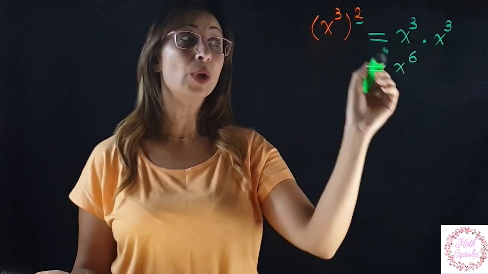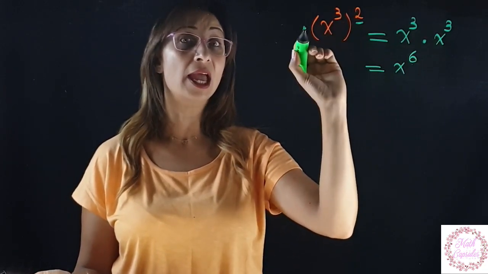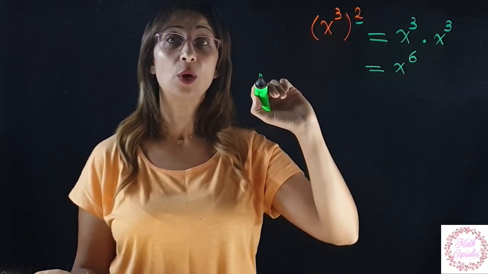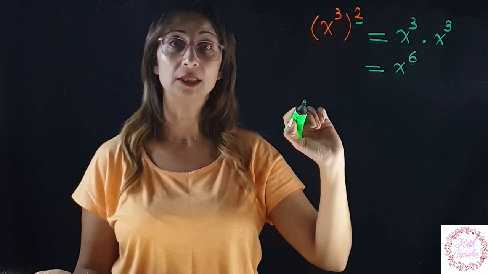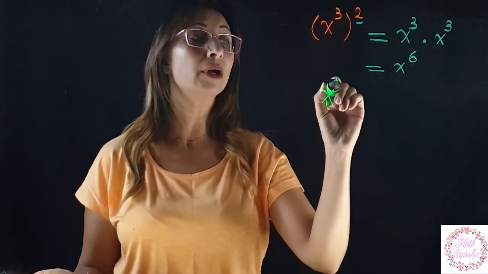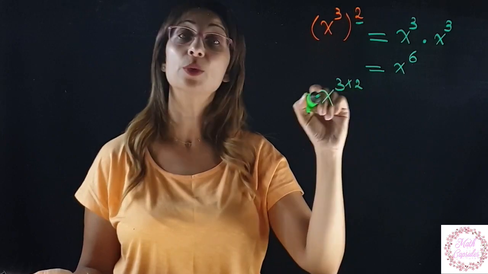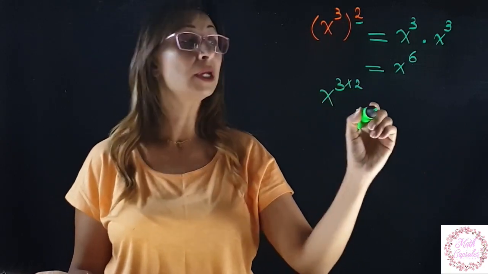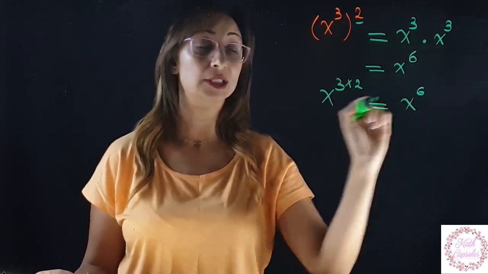So what is the relation between 6 and 3 and 2? We multiply 3 times 2 to get 6. So we can directly do this by multiplying both powers to get the final answer 6.